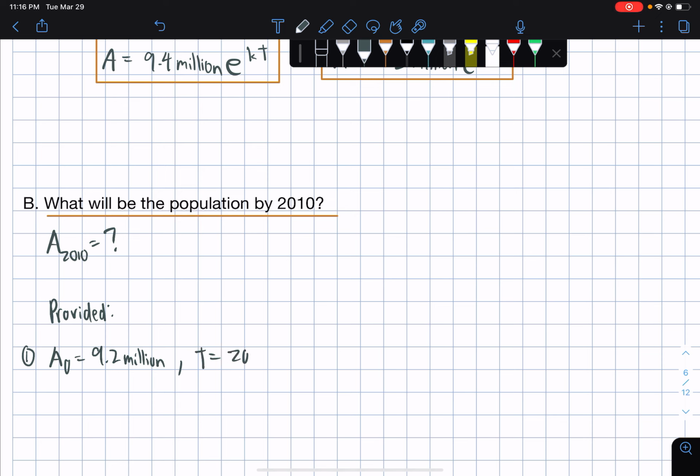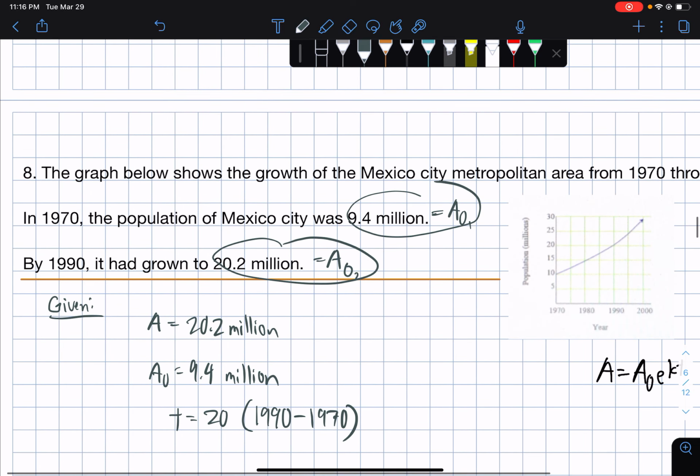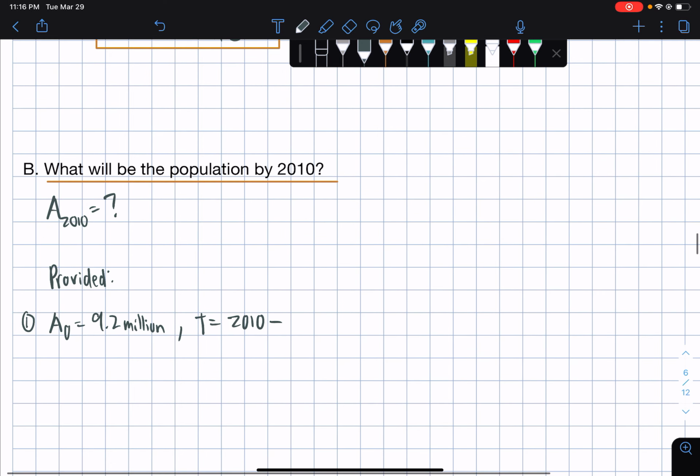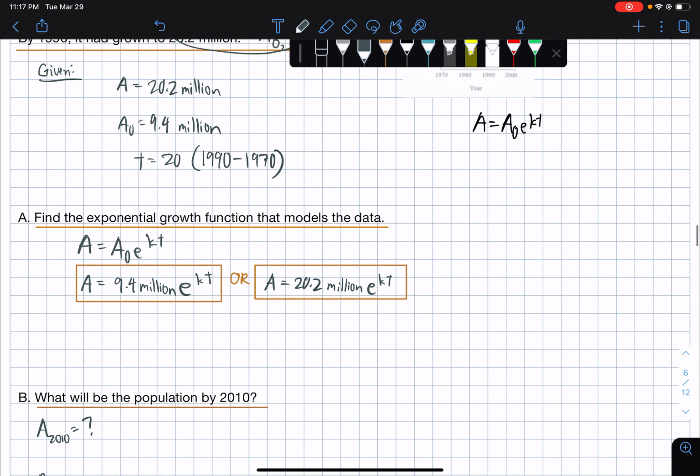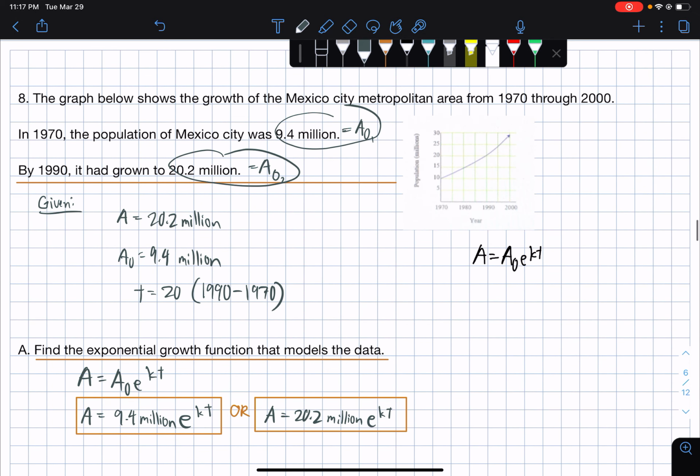So 2010 minus 1970, which is basically 40 years. What else do we have to know? For solving for k, we don't know what k is yet, so let's better solve it now.